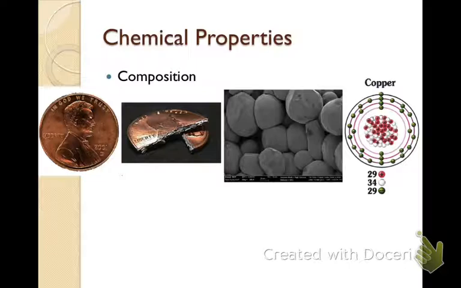The atom is made of protons and neutrons in the center, or the nucleus, and then electrons on the outside of that nucleus. So that's what a copper atom is. To look at the chemical property of this penny, we would have to look at its composition. That's made of copper, and copper itself is made up of protons, neutrons, and electrons.